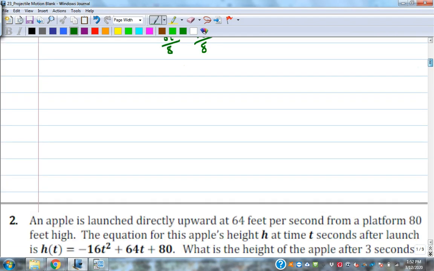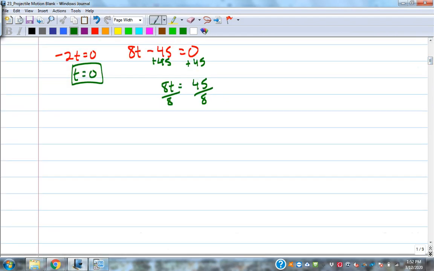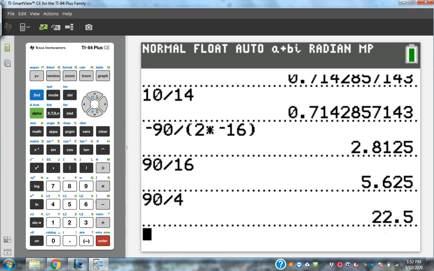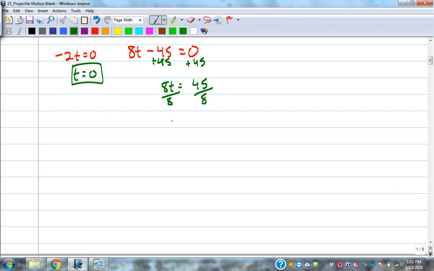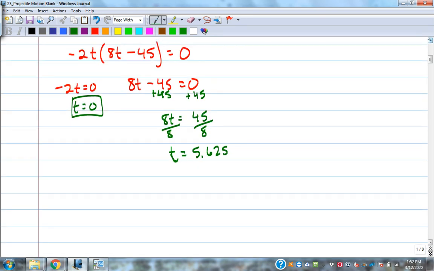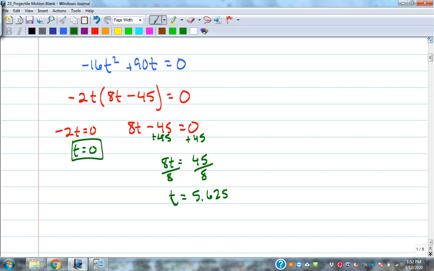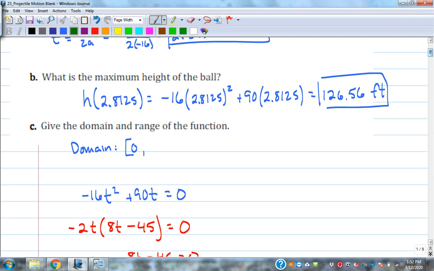Normally I don't do decimals very much, but I'm okay with that on this because it's a stopwatch, it doesn't have fractions on it. So 45 divided by 8 is 5.625. So the domain for this one is going to be in the air from 0 seconds to 5.625 seconds.